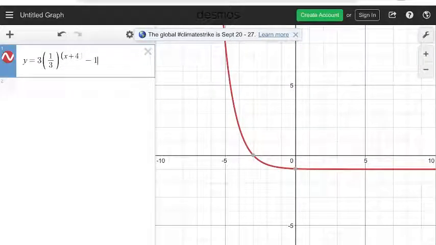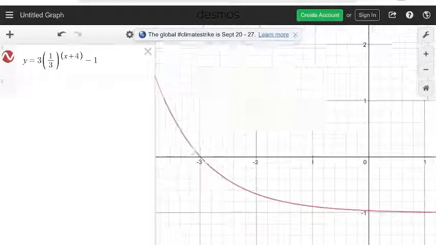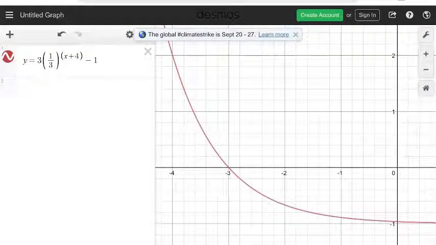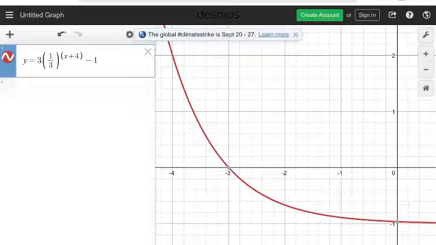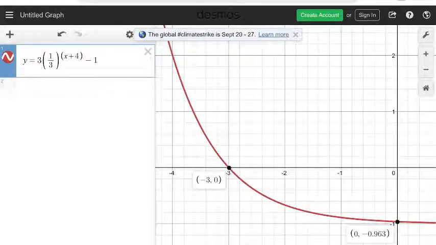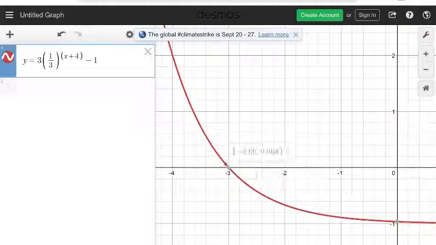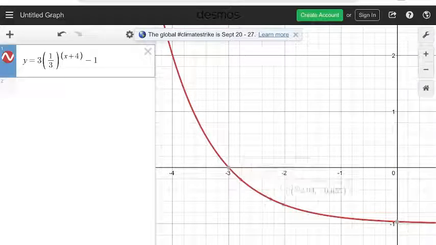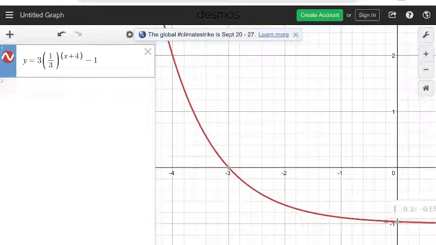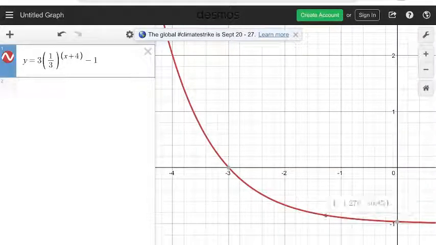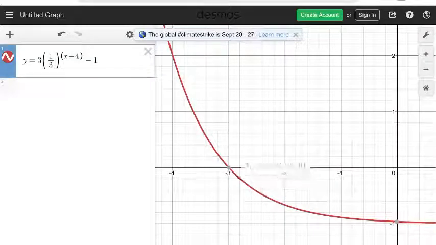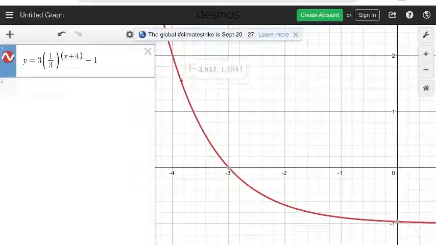We can zoom in by hitting the plus sign. Now if you click the line, there are gray dots that show up that give you actual points. Or you can drag your point to get exact points.